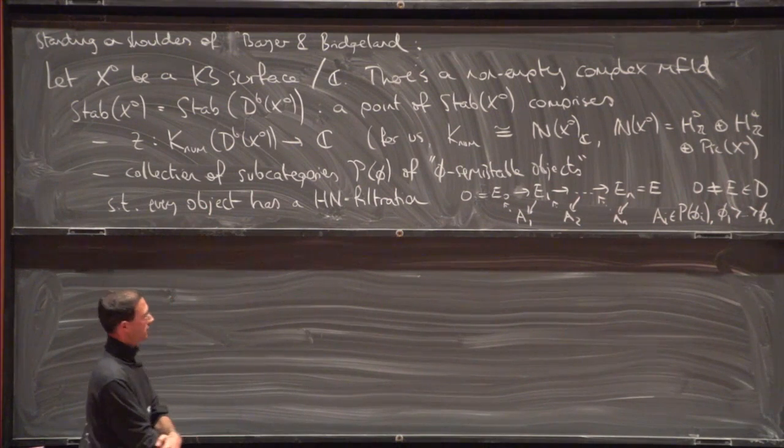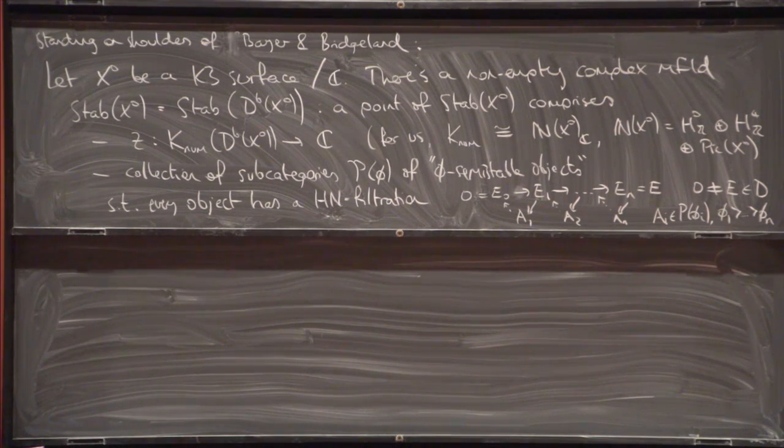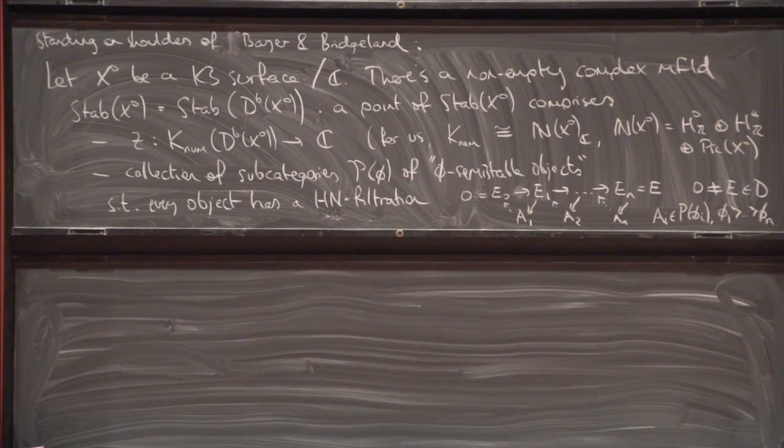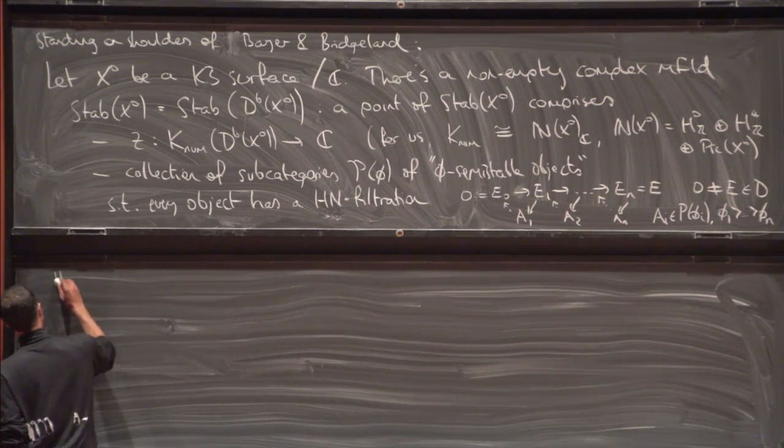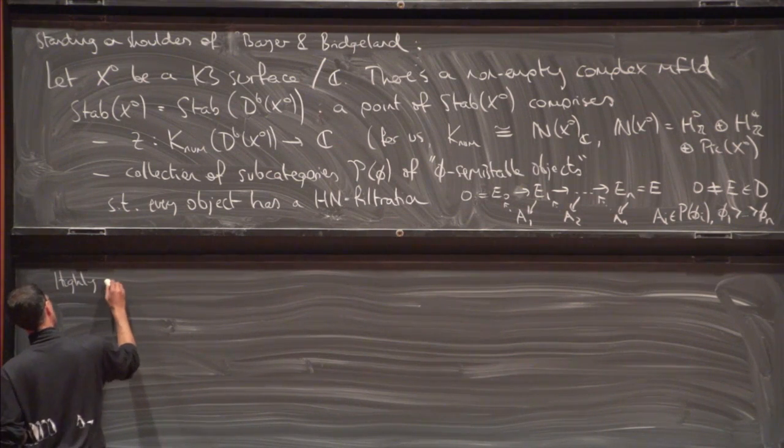Okay, so a stability condition is two pieces of data, a collection of subcategories, which in a suitable sense let you build all objects, and this central charge. So it's highly non-obvious that any exist.